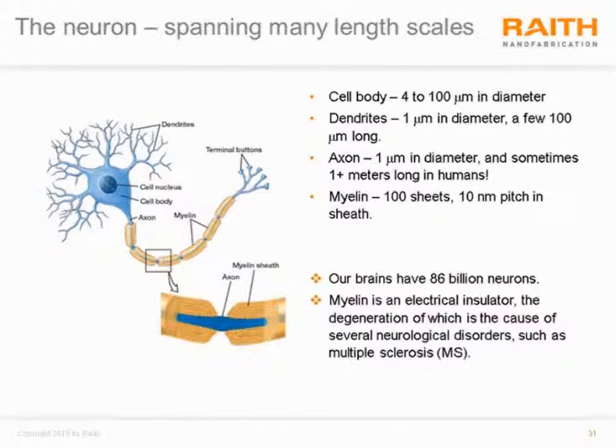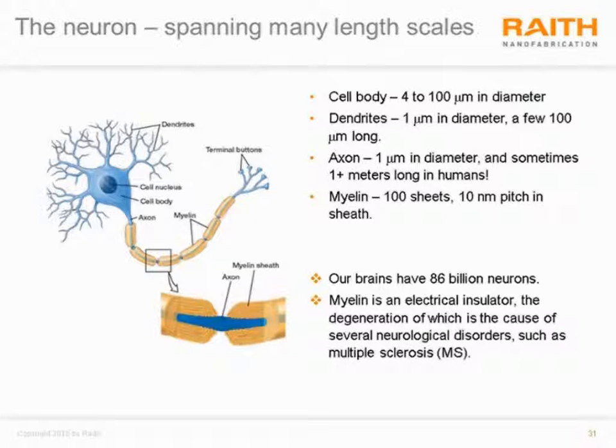Interesting about myelin, I want to point out, myelin is an electrical insulator, so it's kind of shielding the bioelectrical, the neural signal that's traveling through the axon. And the degeneration of the myelin sheath is a hallmark of several neurological disorders, such as multiple sclerosis.